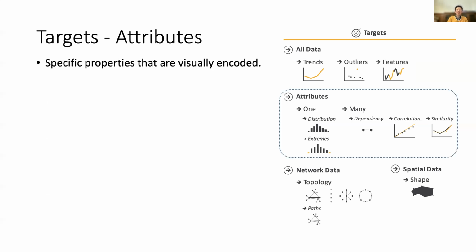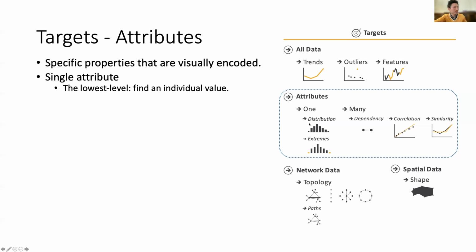Okay, and then the next one is about attributes. If you remember, this is about the items and the attributes of the data. And for specific attributes, you can look at single attributes, and you can look at the distribution of one attribute. Or you can look at the extreme values.